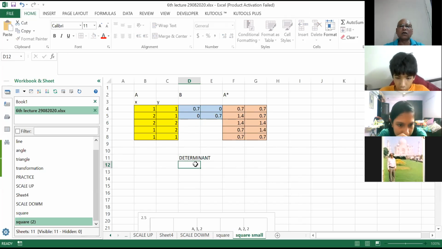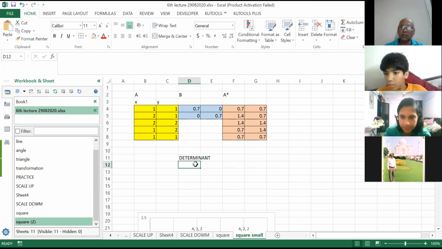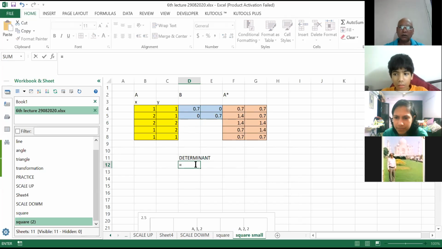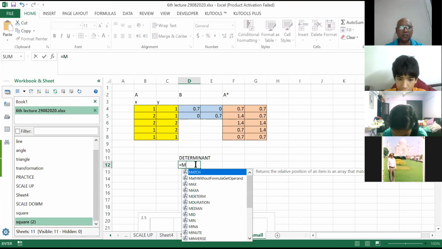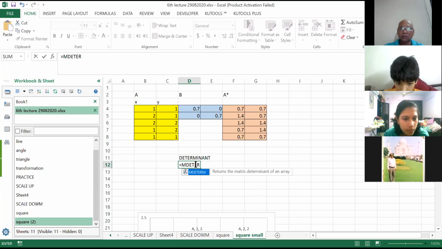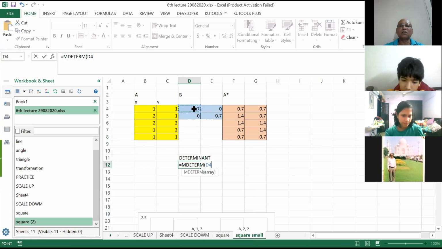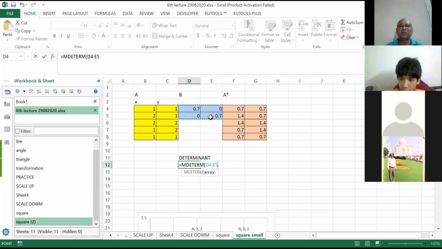So how will we calculate it? In Excel you can calculate it with equal to MDETERM. This is the code, MDETERM, and we just want to determine the determinant of our transformation matrix. So I have selected the transformation matrix and then enter.